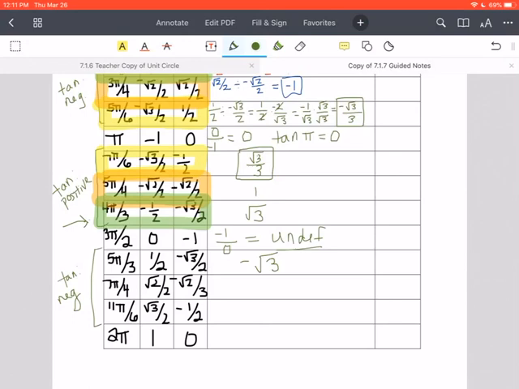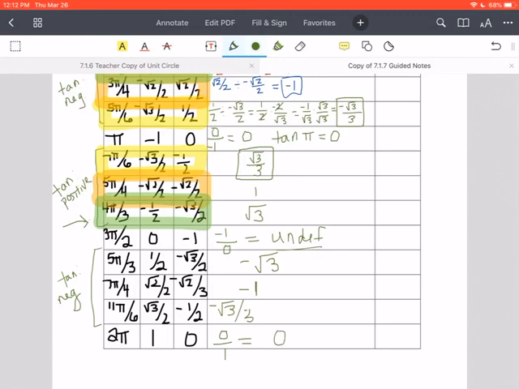Then for pi over 4, any pi over 4 has a tangent of 1, but this has to be negative. And looking up the value that has root 3 over 2, I can see that the tangent is root 3 over 3, but if I take a negative divided by a positive, the negative has to go out front. And finally, at the end of the circle, 0 divided by 1 is 0.